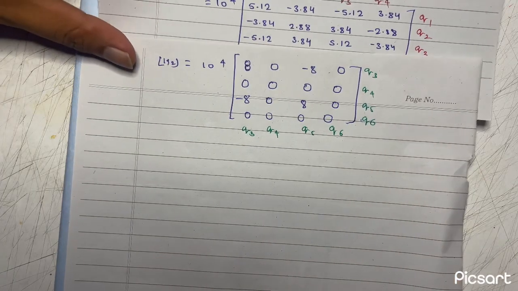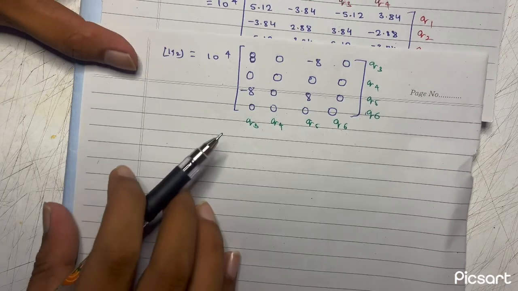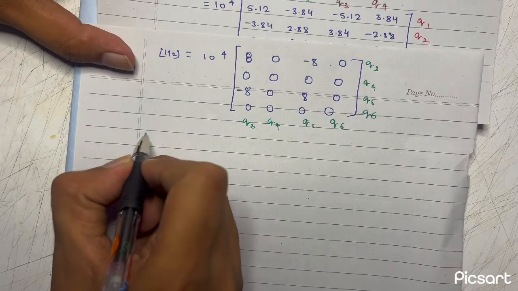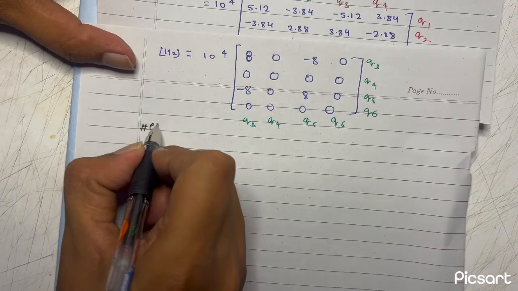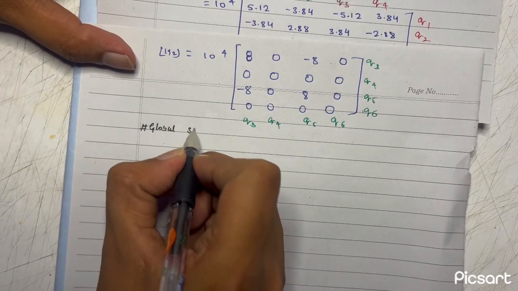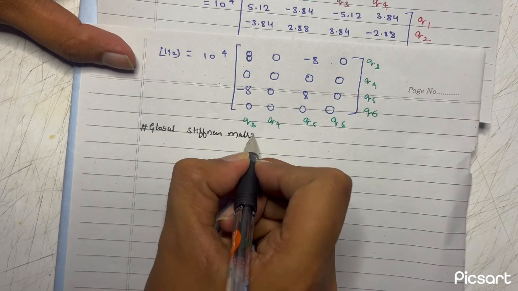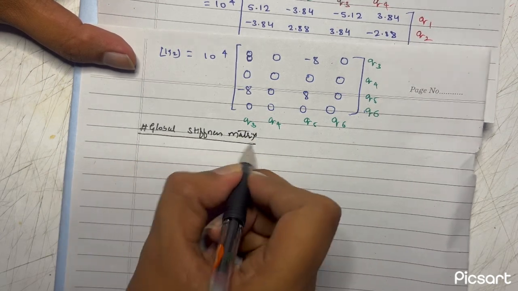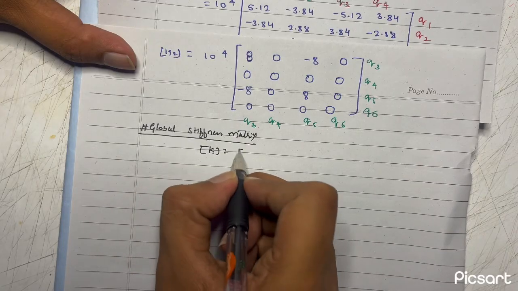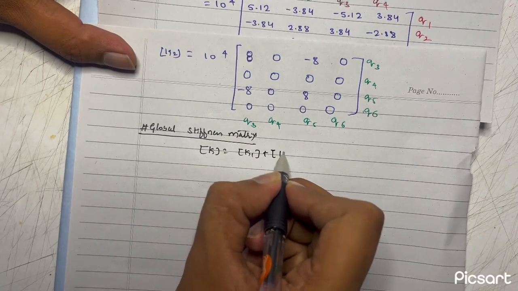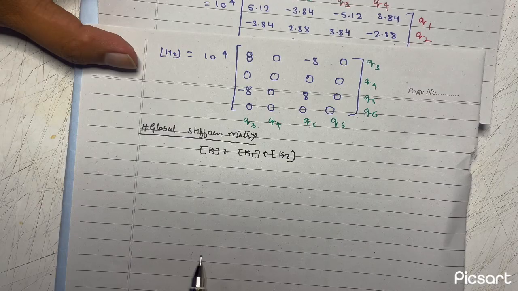Next, we have to find the global stiffness matrix, that is K equal to K1 plus K2, as here we have only two elements.